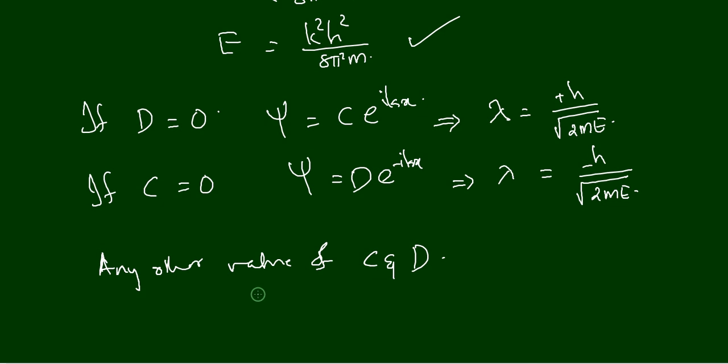So this microscopic particle in an extreme case can be a wave in the positive x direction, or in another extreme condition, it can be a wave in the minus x direction, and in the intermediate states, it can be a superposition of the waves in the plus x direction and minus x direction, and that's what we have to understand from here.